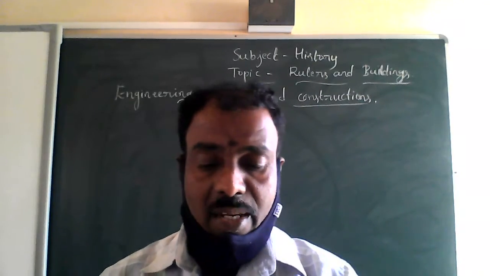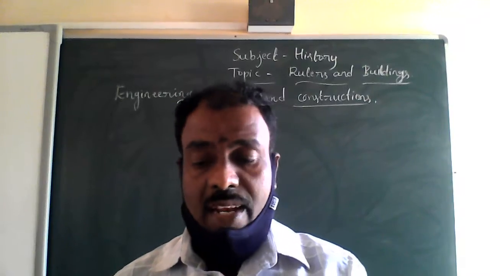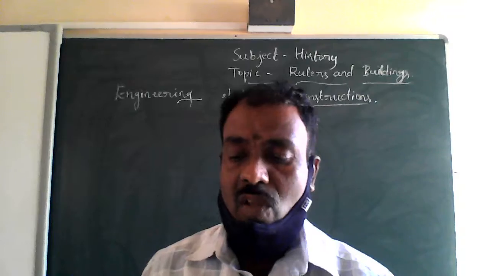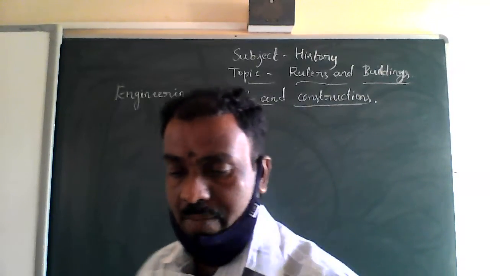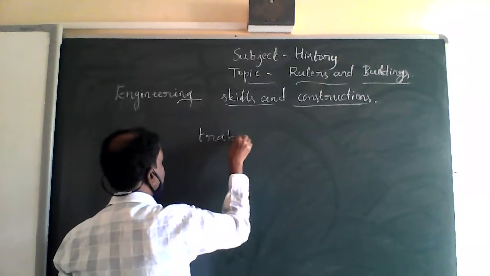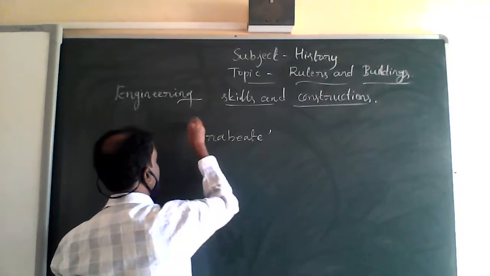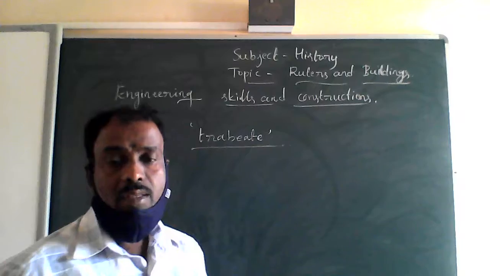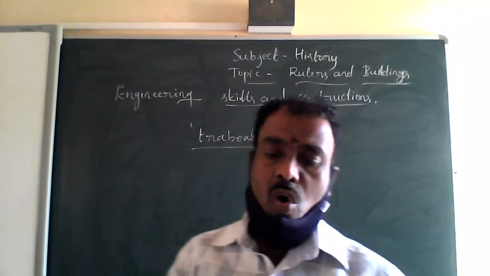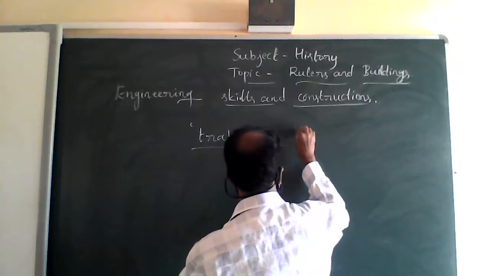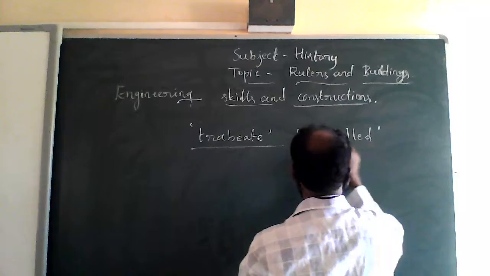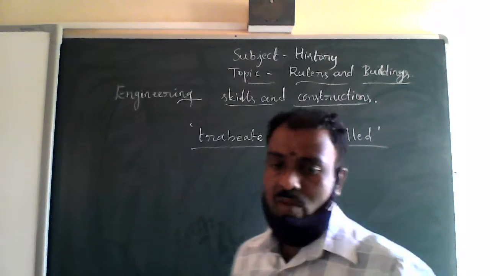Two vertical columns, a style of architecture. This style of architecture is called trabeate. Understood now? And it is also called corbel.